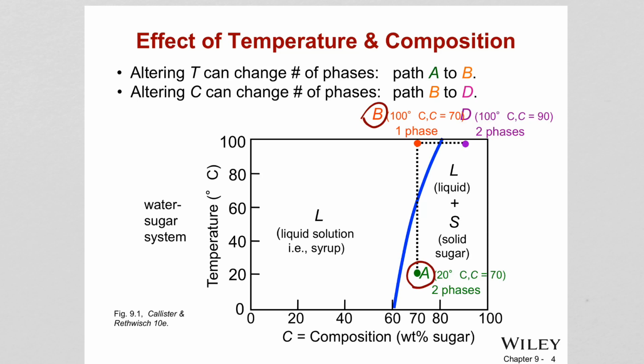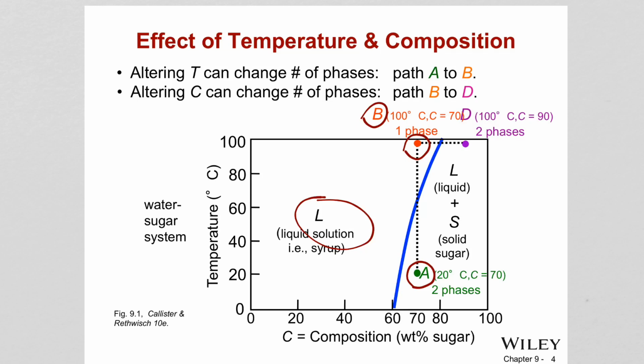Now at point A, I had solid sugar in the system together with the liquid. Okay, so it was saturated and there was solid sugar in the liquid. Now if I increase the temperature, I go from A to B. Now I have the sugar dissolved again, because at point B, I have liquid as the stable phase.